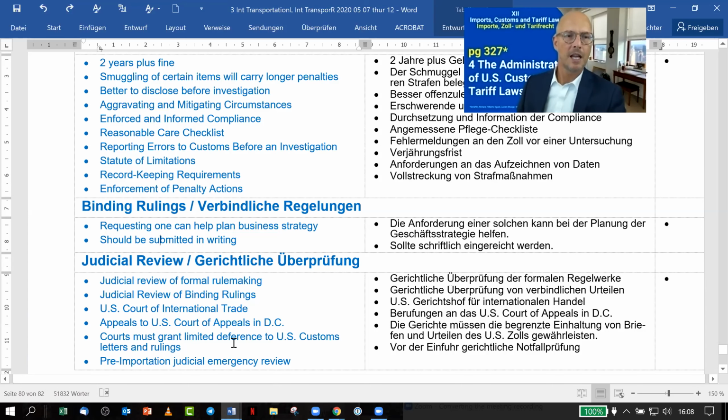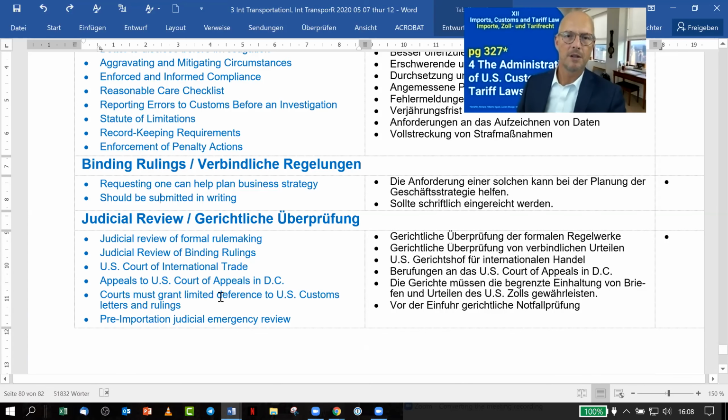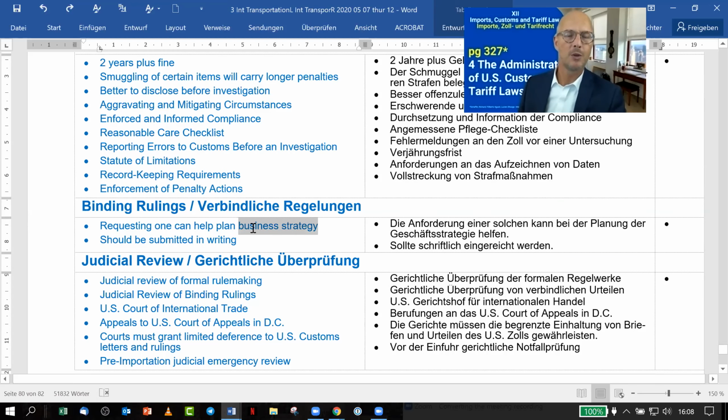Because in case there is a judicial review, they will all look at your formal rulemaking. So what you have, for example, what you have written in this invoice. And there can also be a judicial review on binding rules. And that's why you should always have your business strategy for how you do your importing.